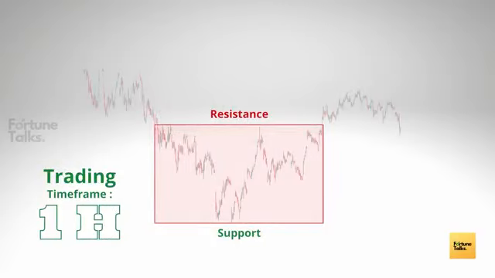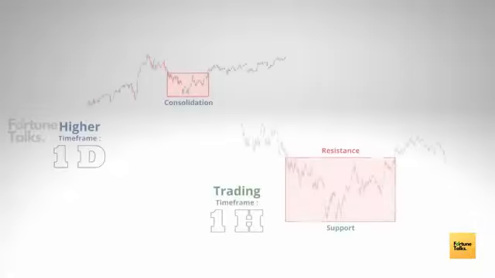This is a pretty good technique that you can use to find support and resistance trading opportunities in the market. You can also use it for even shorter time frames like 15 minutes or even 10 minutes. The only thing to keep in mind is to appropriately select a higher time frame and find a tight consolidation in the higher time frame so that you can find the support and resistance trading opportunity in the lower time frame.